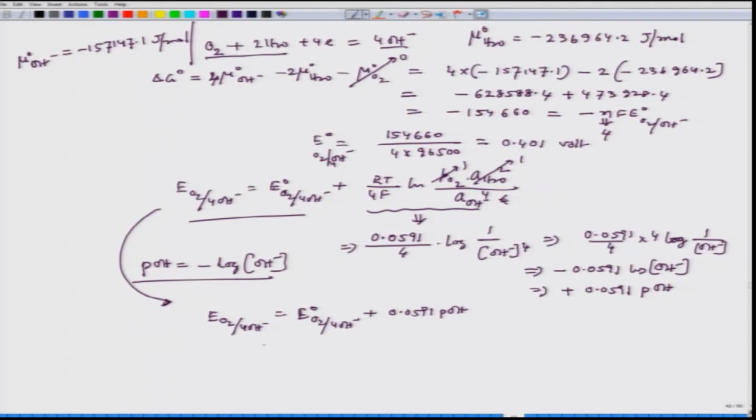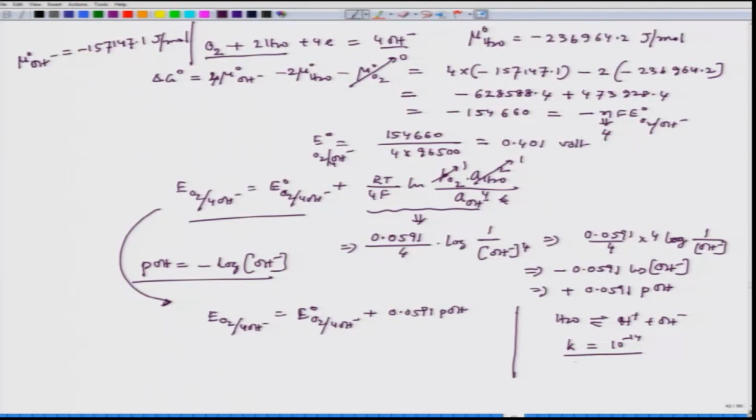Now, if I consider H2O, the water, I can write the dissociation of water, and in that case the dissociation constant is nothing but 10 to the power minus 14.